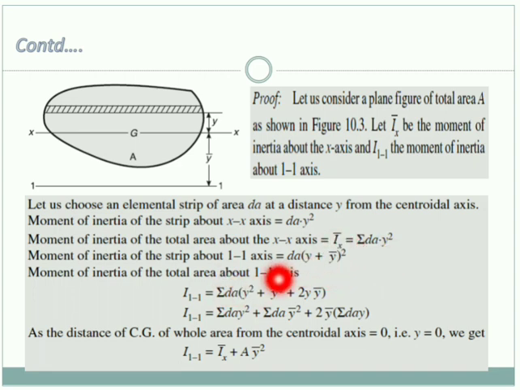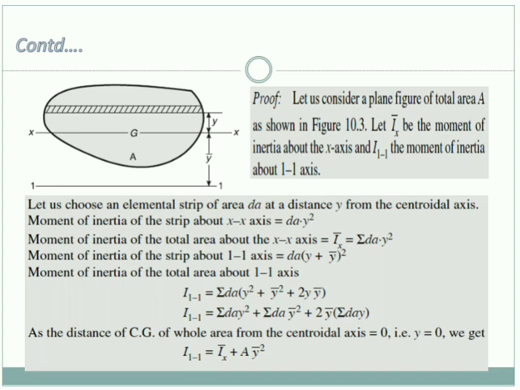Then the next term is what? Summation dA y bar square. So summation dA is nothing but capital A, which is the total area, and y bar square I am keeping as it is, which will be the statement proved for the theorem. What had we stated? I11 is equal to Ix plus A into y bar square, and we have concluded it by landing on that statement.